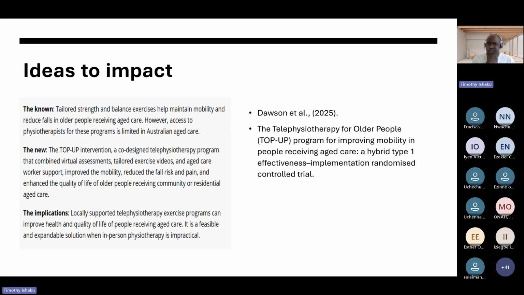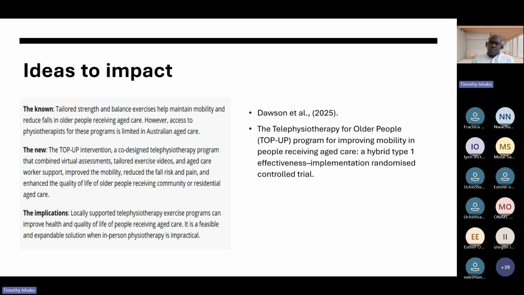A recent study this year was the physiotherapy for older people program, basically for improving mobility in people receiving aged care. It's more or less an implementation randomized control trial.